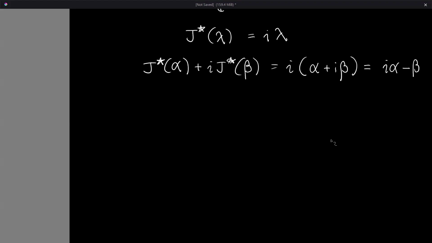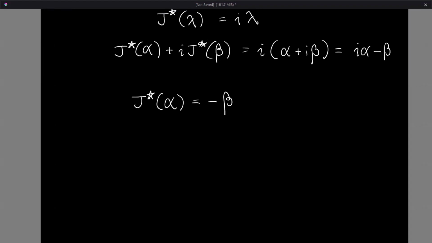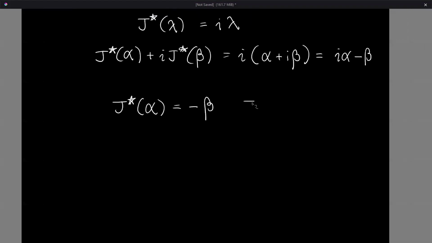So we can read off the coefficients of the I and the coefficients of the term that does not multiply by I. So that means that J star of alpha is equal to minus beta, and J star of beta is equal to alpha. Yeah, that's right.